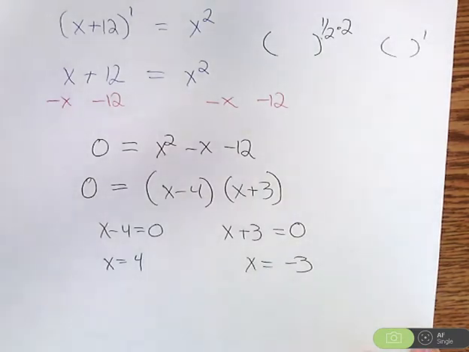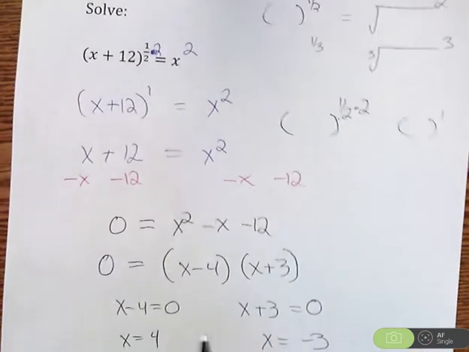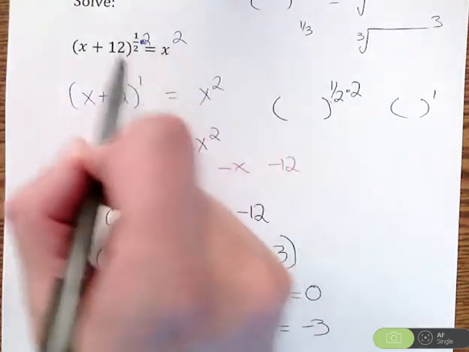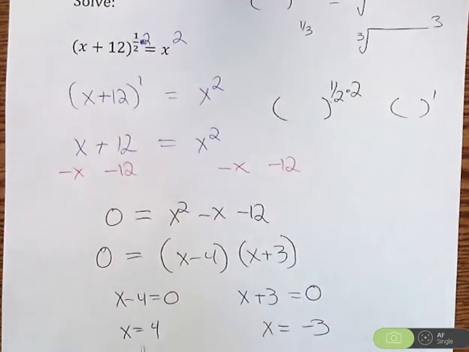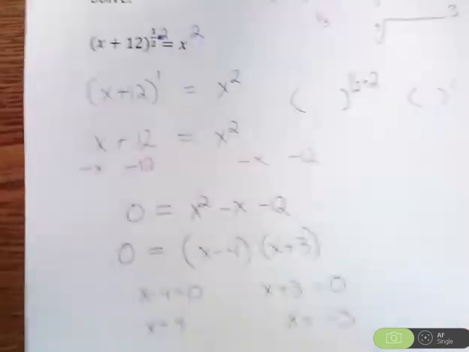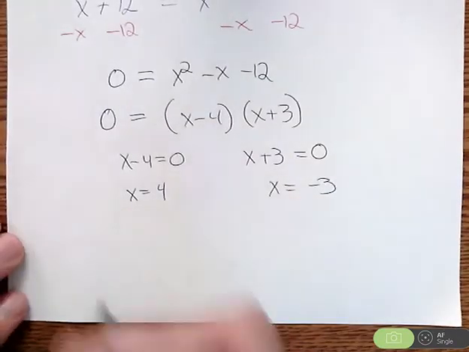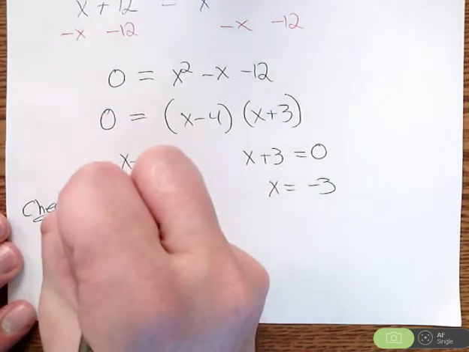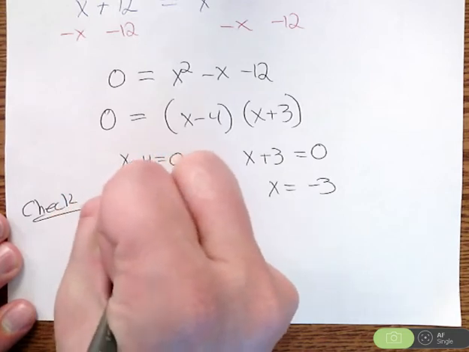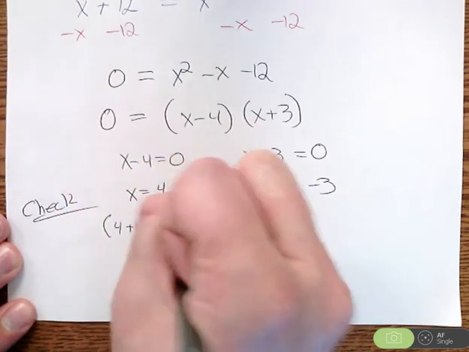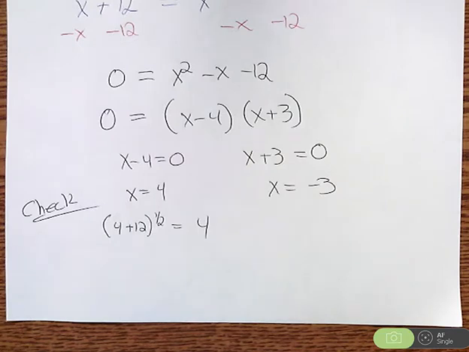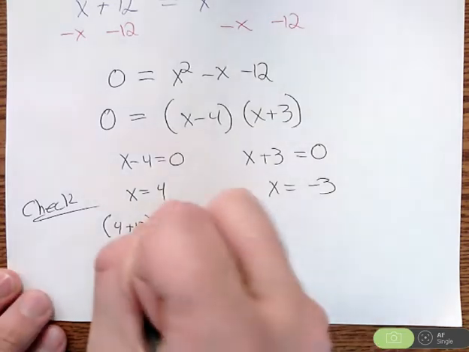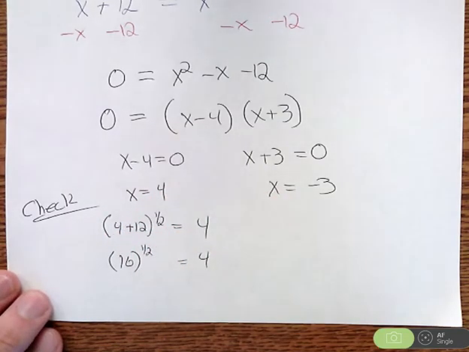But before I box these and move on, I need to plug those answers back into my original problem to make sure they work, ignoring the squares. If I plug in 4, I have 4 plus 12 to the 1/2 power equals 4. 4 plus 12 is 16, so 16 to the 1/2 power equals 4.